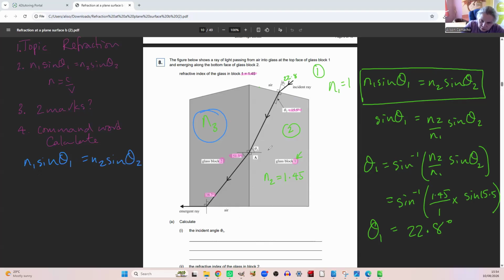Right, now, are we going to use the refraction at A, or are we going to use the refraction at the edge of the block? Let me do that one in a different colour. So are we going to use the blue refraction or the purple refraction?